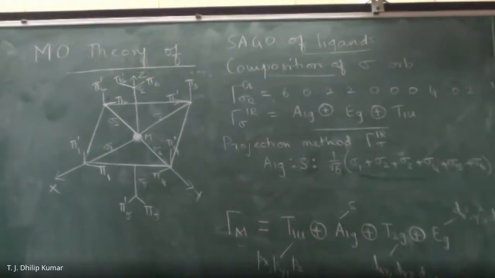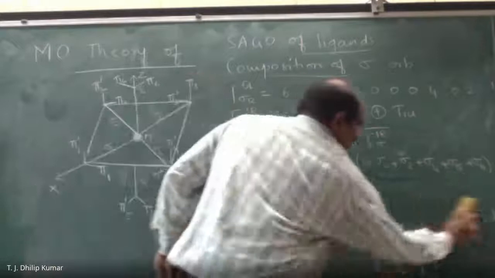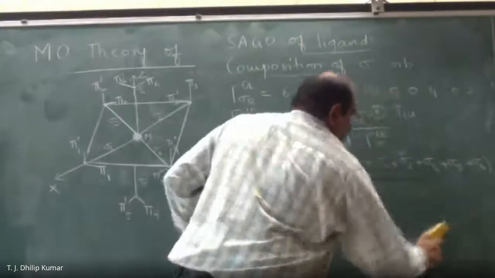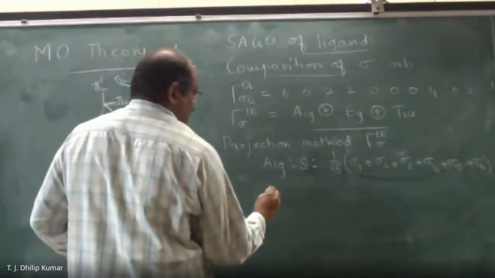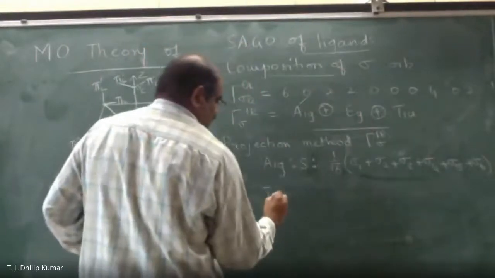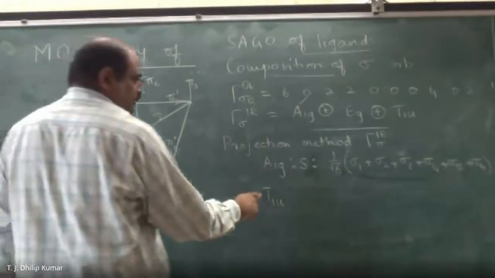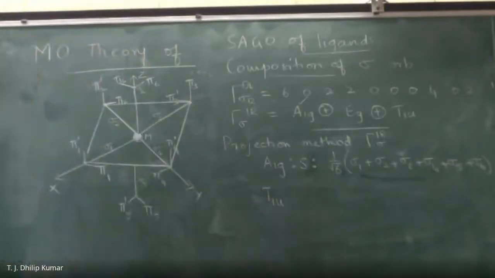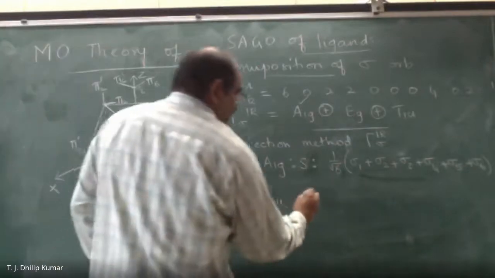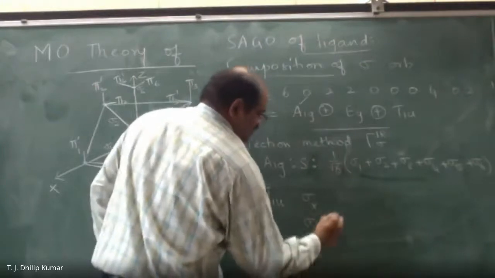Similarly, one can write for T1u. T means triply degenerate, right? So it will be Tx, sigma x, sigma y, and sigma z.